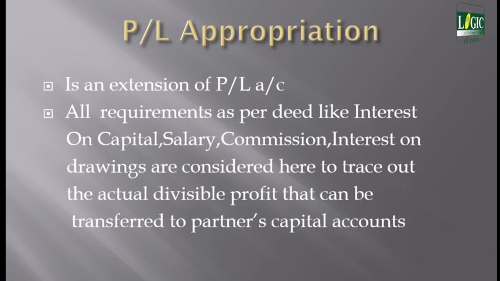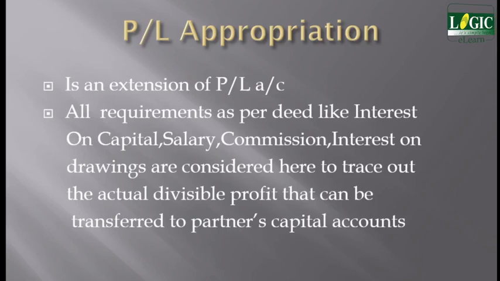From that net profit, certain requirements as per partnership deed, like payments to partners and receivable from partners like interest on drawings, will be accommodated so as to trace out the actual divisible profit that can be transferred, that can be credited, that can be given to partners in the partner's capital account.